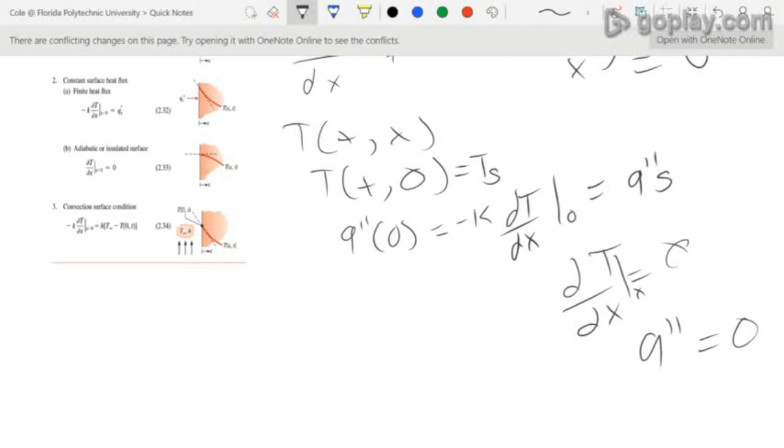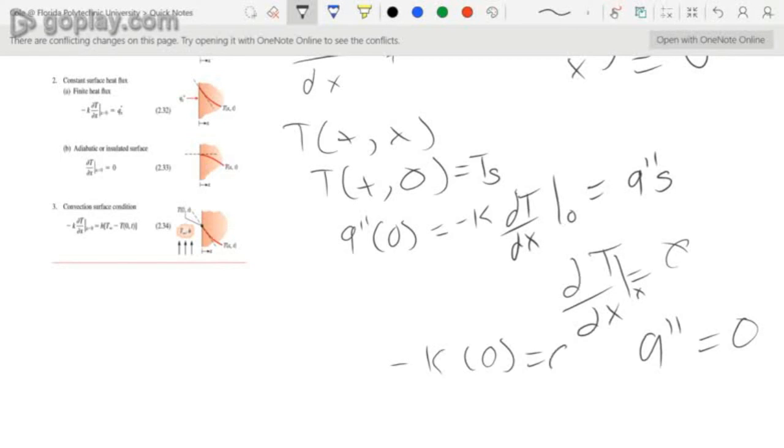So if you were to plug it into this one, negative k times 0, that means the whole equation is 0. And so the last condition happens when there's convection at the surface. We obtain this equation by a surface balance, kind of like what you've previously seen.